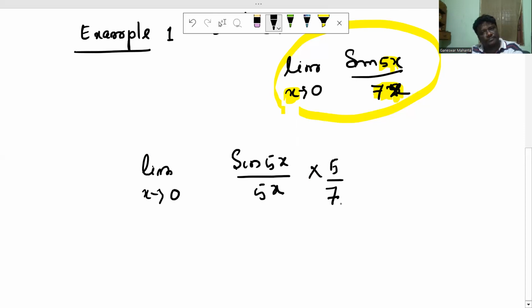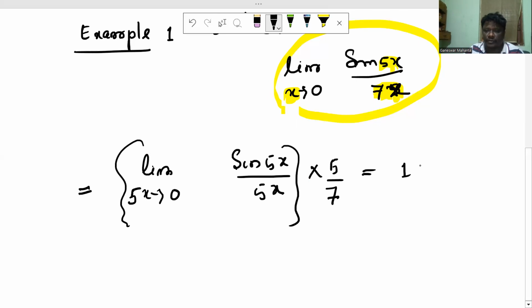Convert this function. Then x tends to 0 means 5x also tends to 0. Then this value tends to 1. That means the value is 1 into 5 by 7, that is equal to 5 by 7. That is one question.